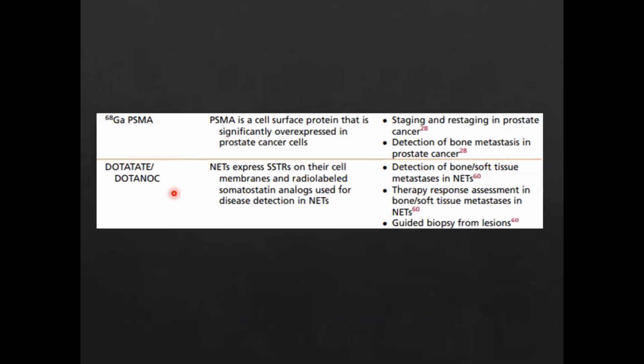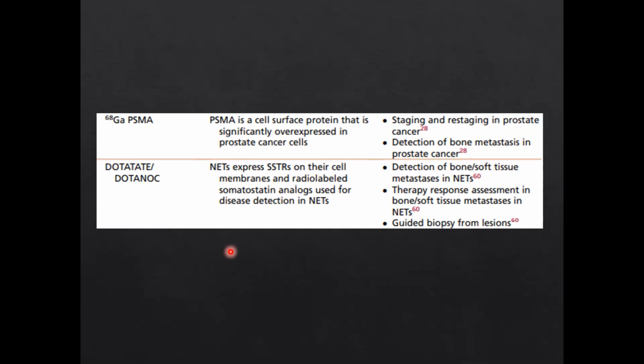They are widely used for specific cancers: PSMA for prostate cancers, and Dotatate and Dotanoc for neuroendocrine tumors. Whenever there is a staging evaluation or any oncological evaluation, bone lesions are picked up, and they are quite sensitive with both of these radio tracers.